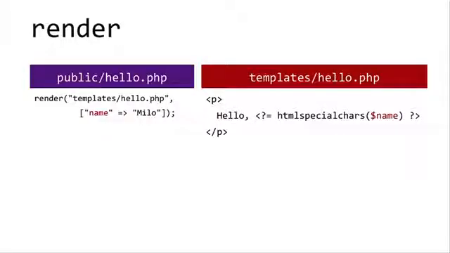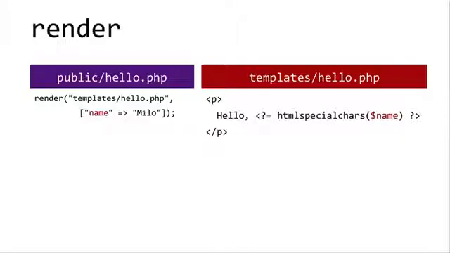So let's look at an example of how you can render a file. Here I have hello.php within my public directory and hello.php within my templates directory. Now, don't be confused by the fact that they have the same name. They have different paths, therefore they're different files. So hello.php within the public directory, that's going to be my controller.